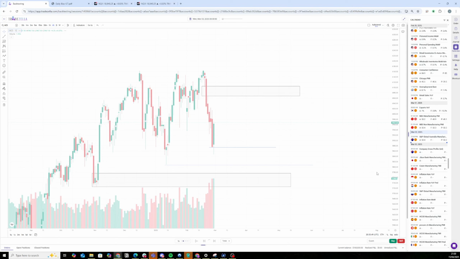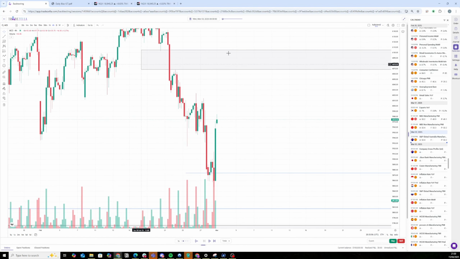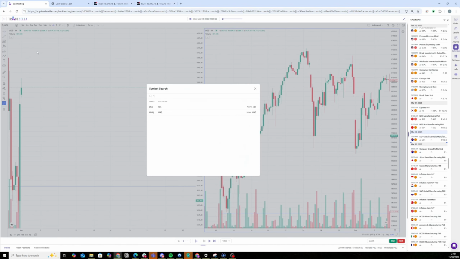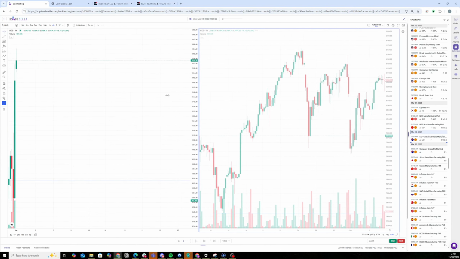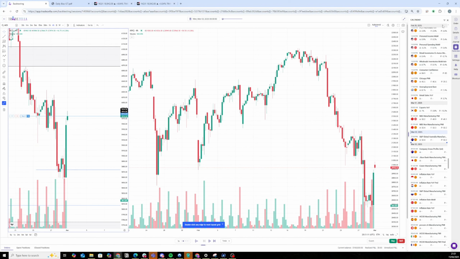So then we scale to the 4 hour and see what we've got. Now on the 4 hour, this is actually MES. So I'm going to pull up the NQ chart next to it, because I use MES to help with my analysis, SMT, things like that.